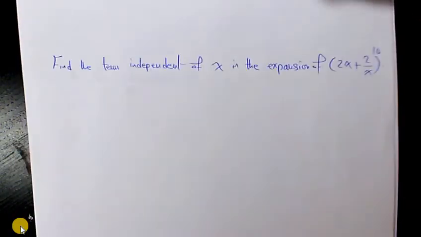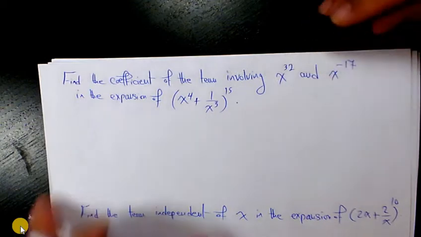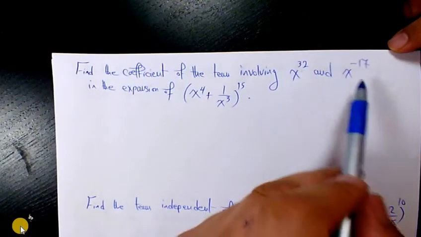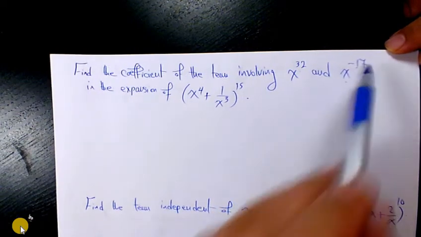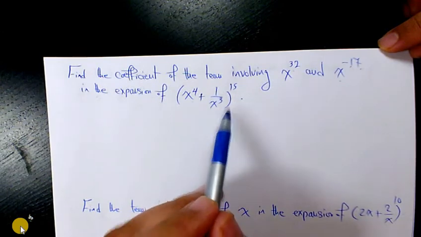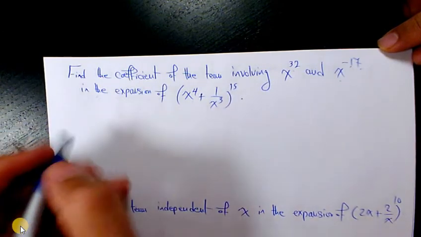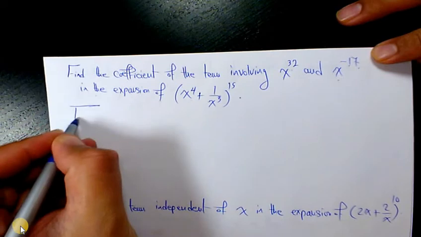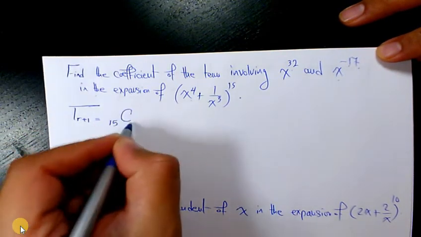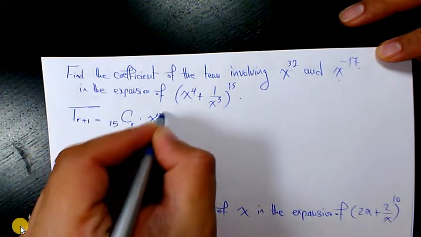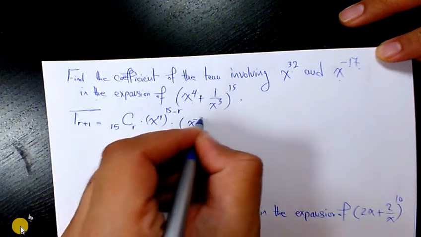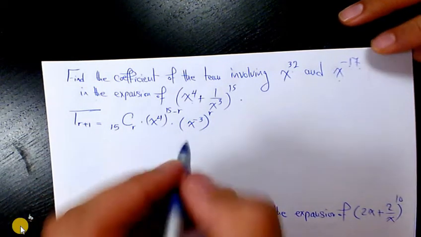Next one. Find the coefficient of the term involving x to the power of 32 and x to the power of negative 17 in the expansion of (x to the power of 4 plus 1 over x to the power of 3) to the power of 15. So that's going to be T(r+1) equals 15 Cr, x to the power of 4 to the power of 15 minus r, times x to the power of negative 3, to the power of r.